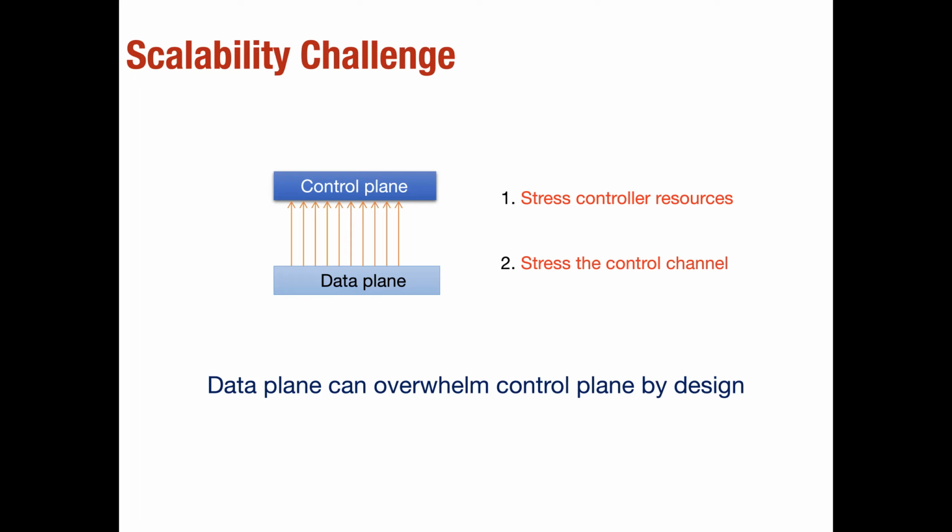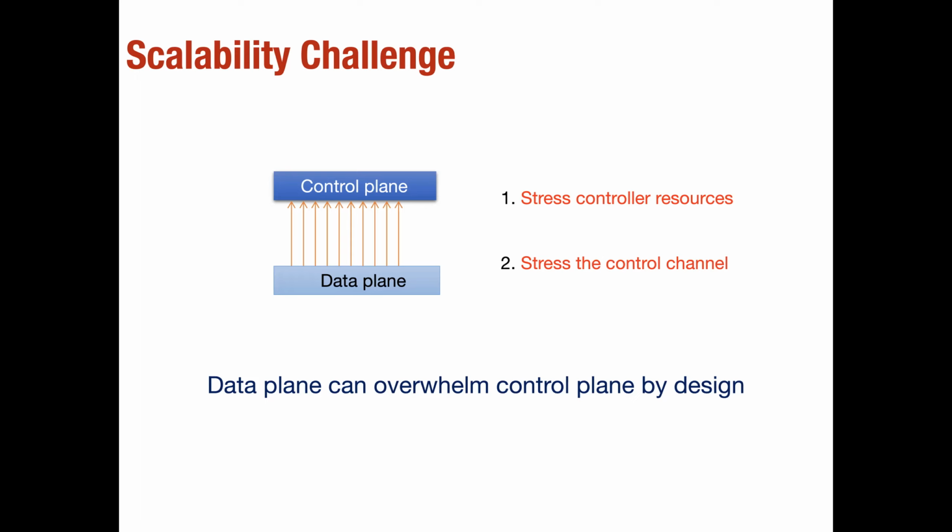It has a limited bandwidth, right? If I have a switch that is capable of handling a total of 3.2 Tbps of traffic, I might be talking about maybe 10 Gbps of bandwidth between the control plane and the data plane, right? And if there is so much traffic coming into the switch, and I have to handle almost half of those packets, or 1% or 10% of those packets, I'm talking about a significant overhead and significant flooding of this control channel, which is an immense scalability challenge, right?